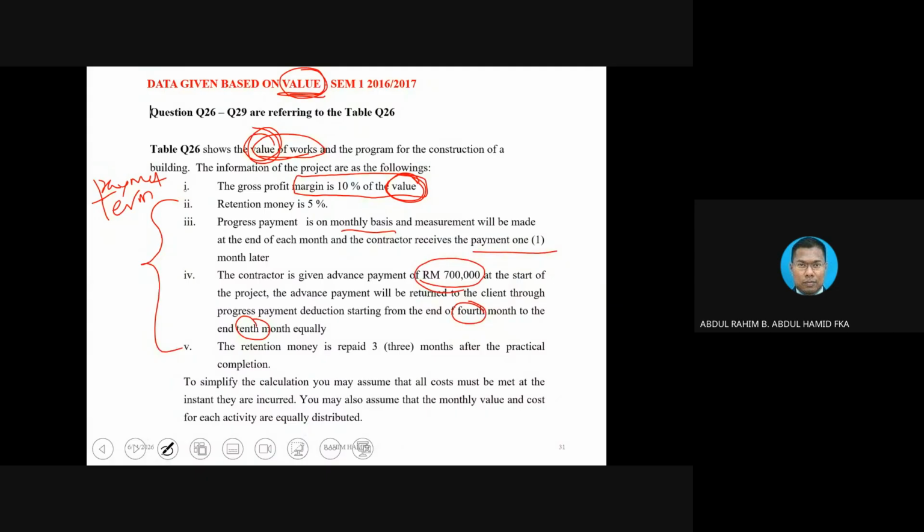So each month needs to be paid back to the client through deduction on the monthly progress payment. And then retention money is going to be repaid in 3 months.